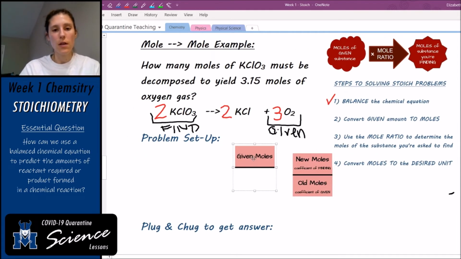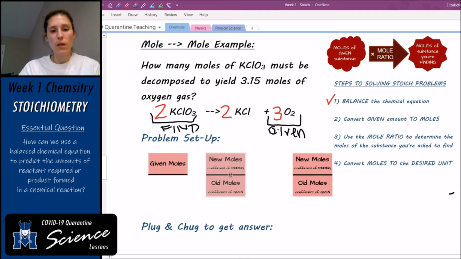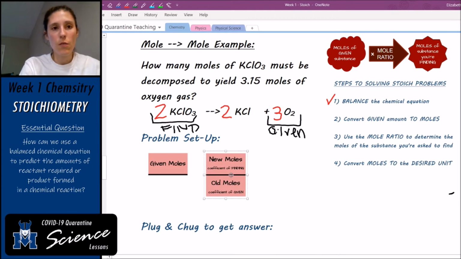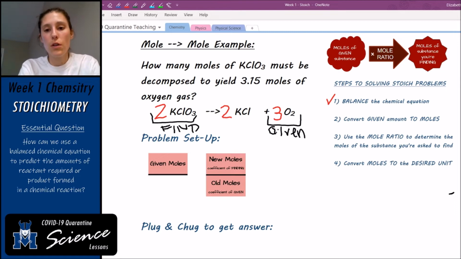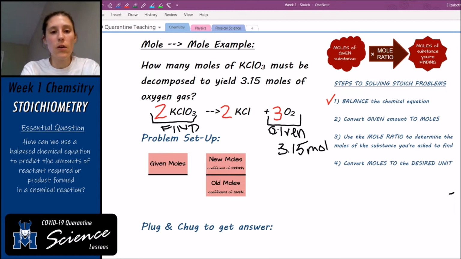So I'll kind of explain. This is our problem setup right here. We are given an amount in moles, specifically 3.15 moles of the O2. So I know I'm going to need to take those given moles and multiply by the mole ratio. So this is my mole ratio.